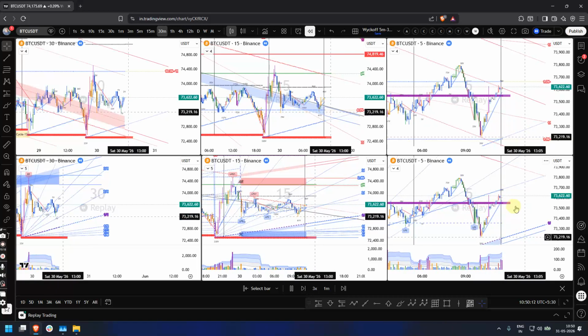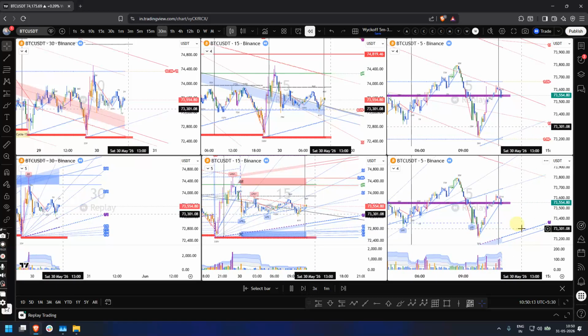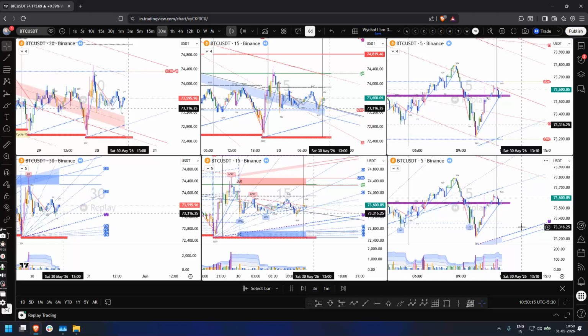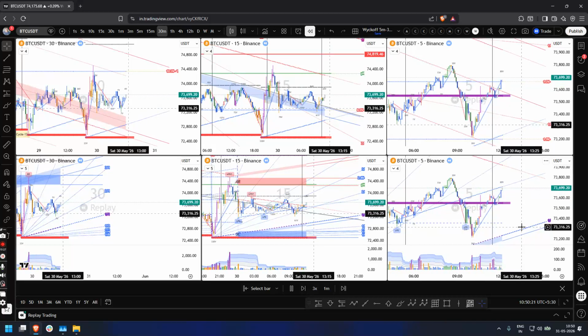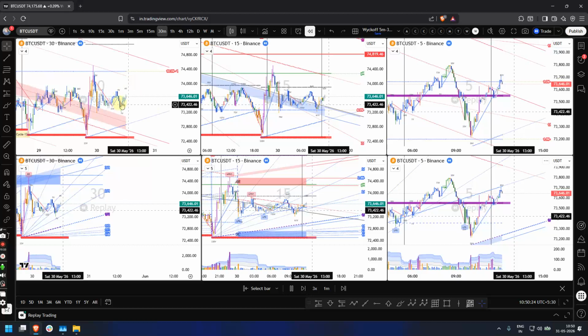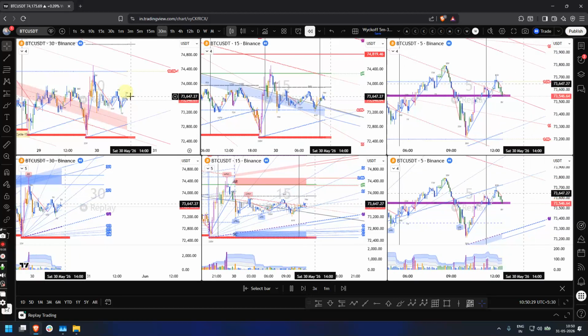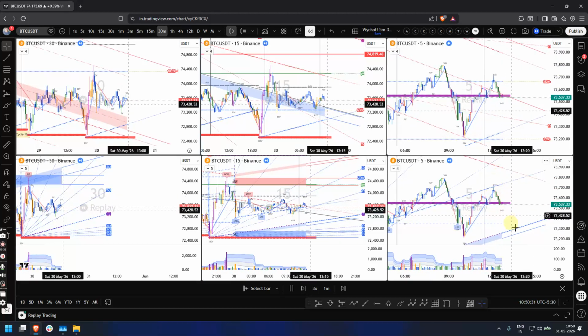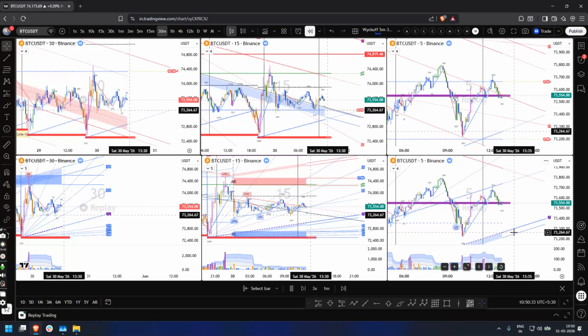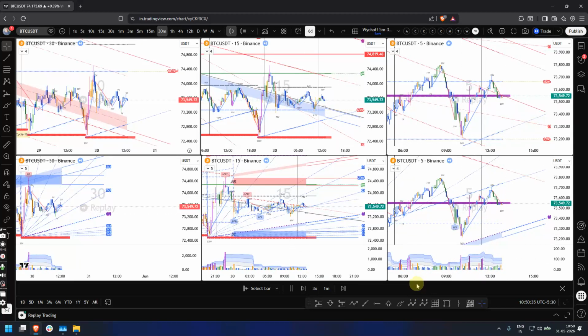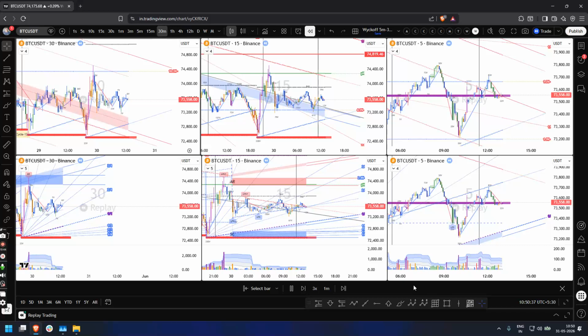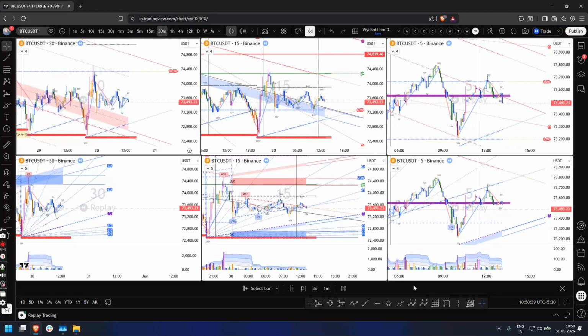So, waiting for a pullback. Remember that on 30 minutes, the uptrend is going on, right? On the pullback, I'll take the trade and patiently wait for my entry.